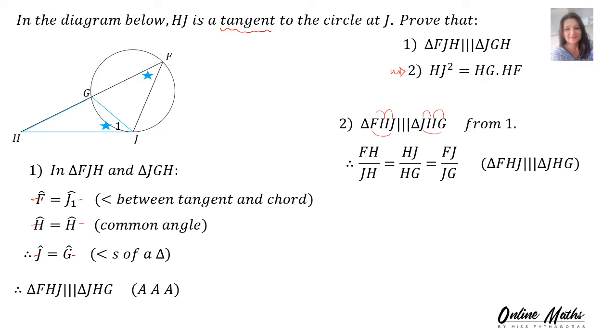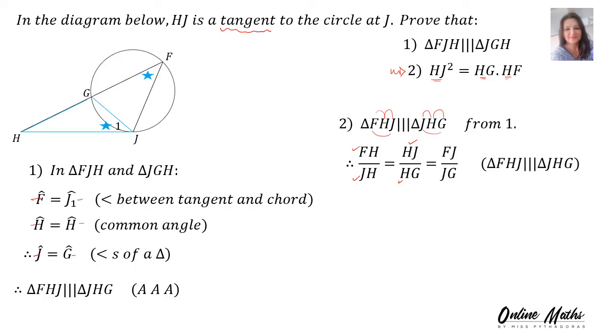Now there's a lot of information there. So let's see. What we need to prove here at number 2 says HJ squared. That means there's two HJs. This one is HJ, and this one, although it's JH, it's still HJ. It's the same thing. And then equals on the other side HG, which is that one, times HF. HF is the same as FH.